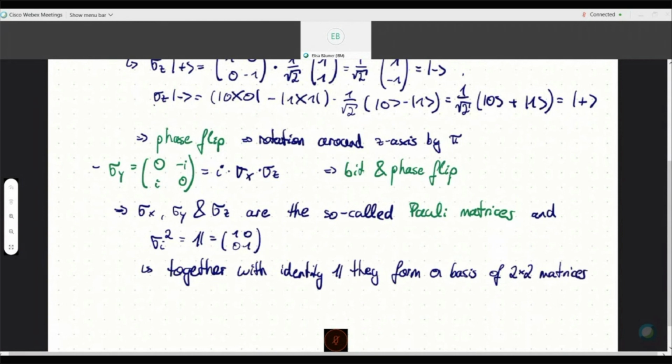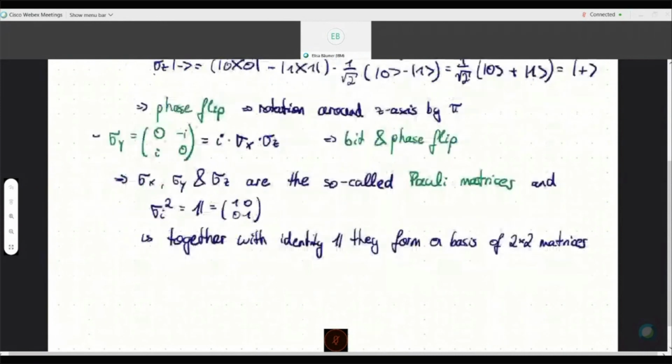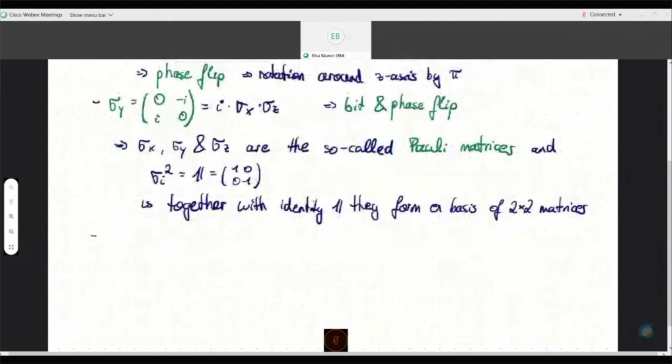Which means that any one qubit rotation can be written as a linear combination of these gates, which is something that is, for example, very important once we look at error correction, which you will learn about on Friday. So these 3, or then 4, gates together form a basis and have therefore some nice features.